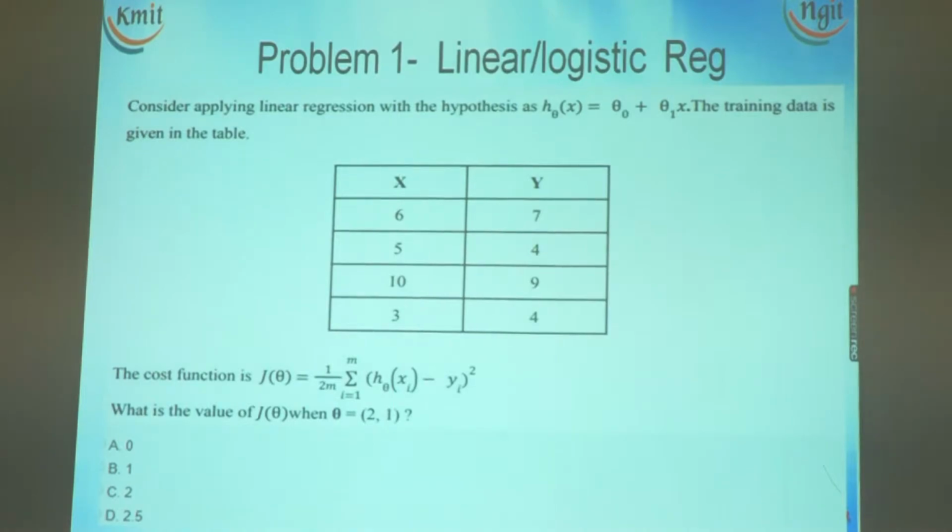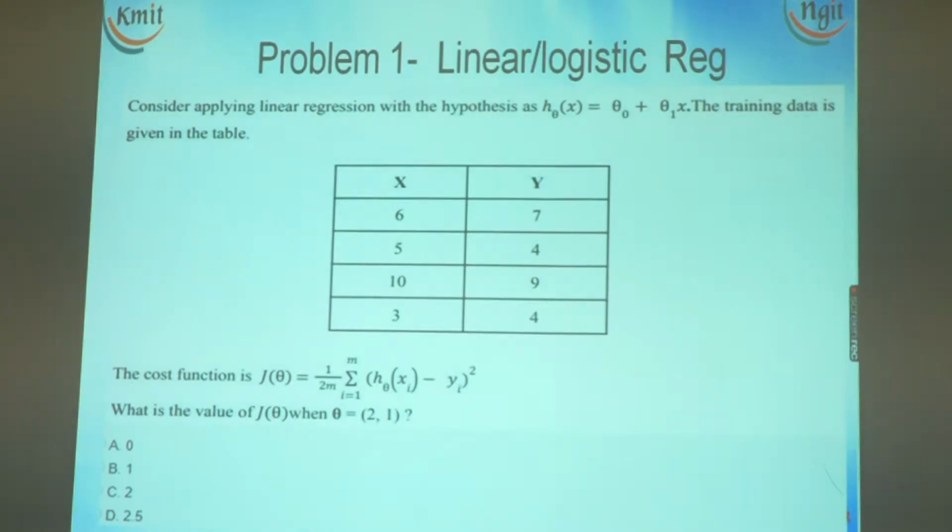Why? Because we have how many instances? 4 instances. What is the predicted value for the first instance? 8. And the actual value is 7. 8 minus 7, there is an error.